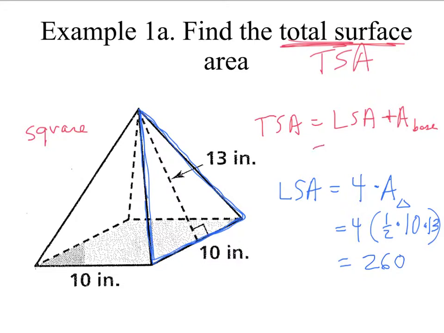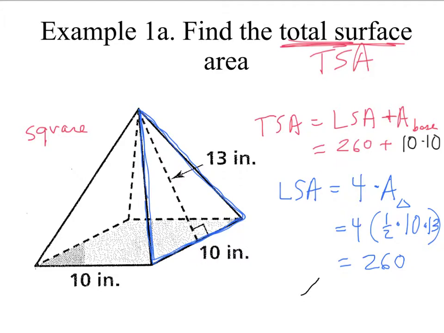So I'll go back up here. My LSA then is 260, plus I need the area of the base. We said the base was this square, a 10 by 10 square. To find the area, you do length times width, or side times side. So it would be 10 times 10, which you may have called 10 squared.